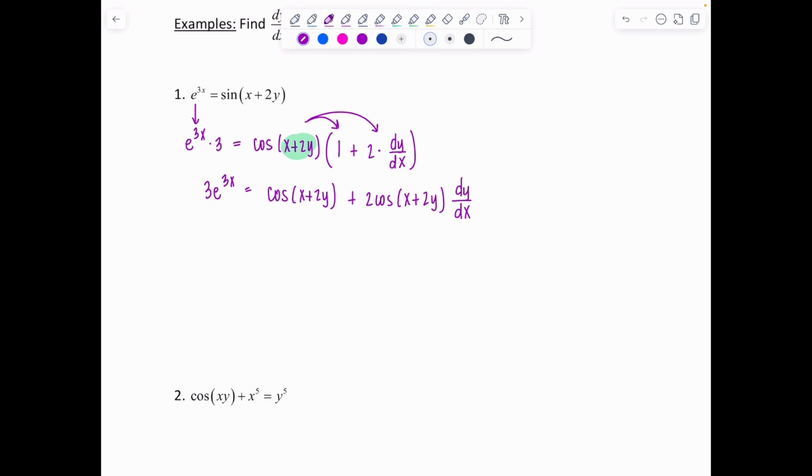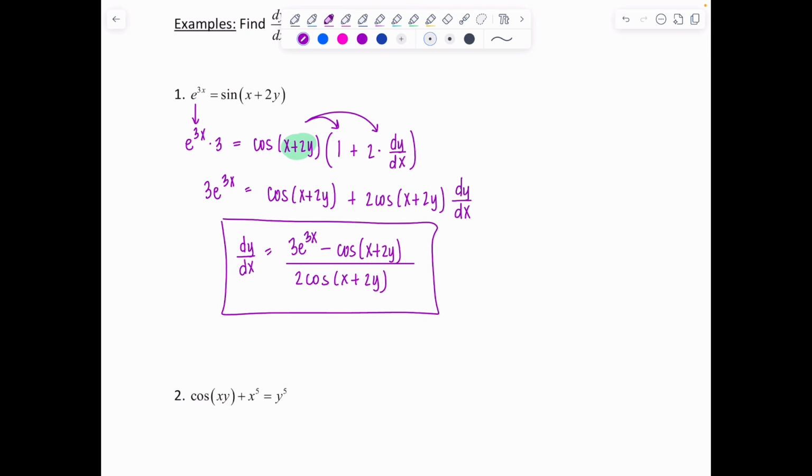All I need to do is subtract this over to the other side, divide by this. I think at this point we can all just jump there, right? So dy dx is going to be 3e to the 3x minus cosine of x plus 2y, divided by 2 cosine of x plus 2y. Beautiful. Good.